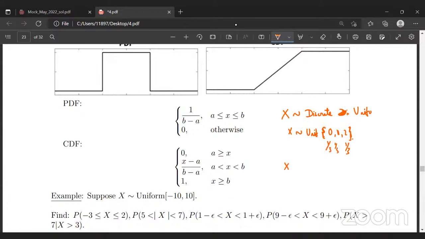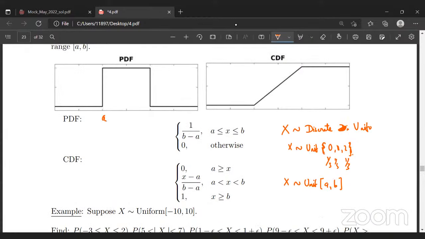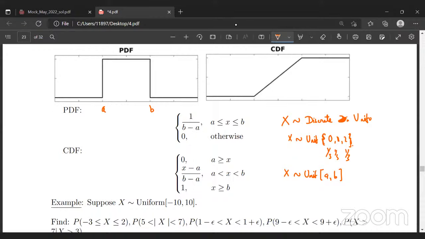But if X is a continuous random variable and I say X is uniform, then we are talking about some interval, let's say from A to B. For any X between A and B, the PDF is given by 1 upon B minus A. All this, the PDF and the CDF, is in the formula file already on the portal under supplementary content.